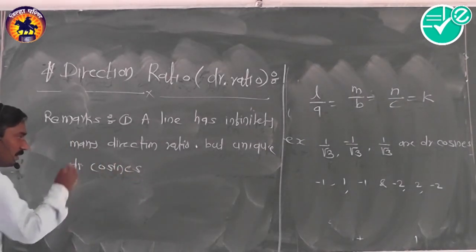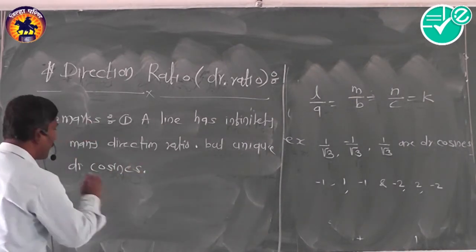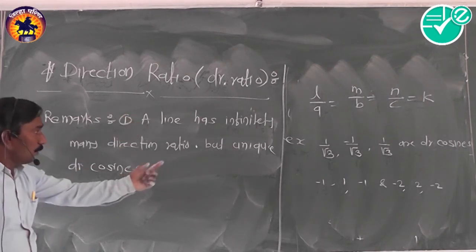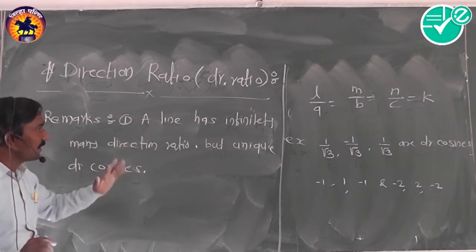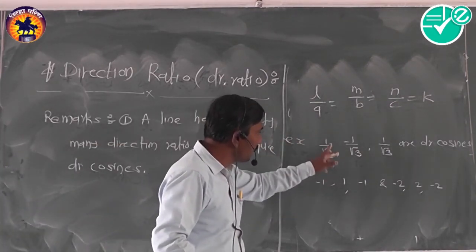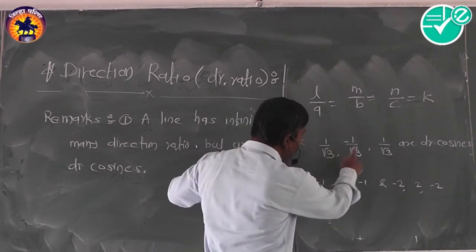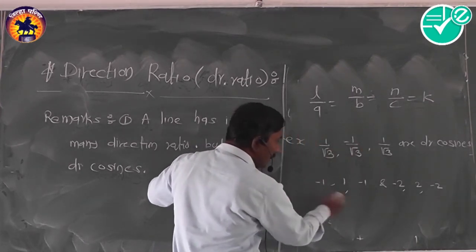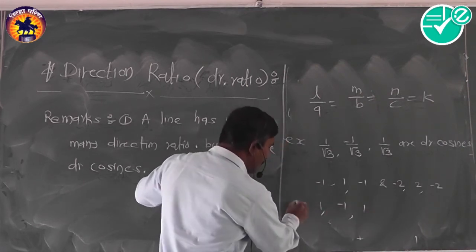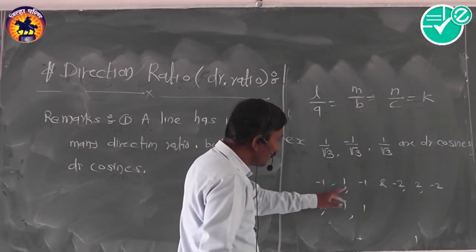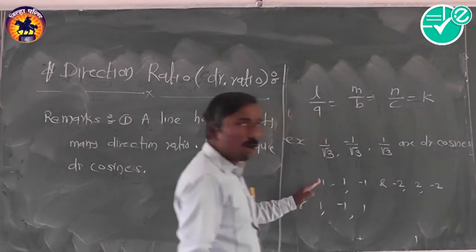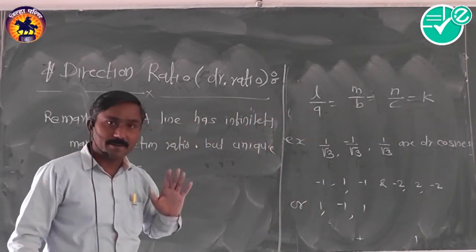This is very important. It may be like 1, minus 1, 1, or minus 1, 1, minus 1, or 1, minus 1, 1. All are direction ratios of that line.